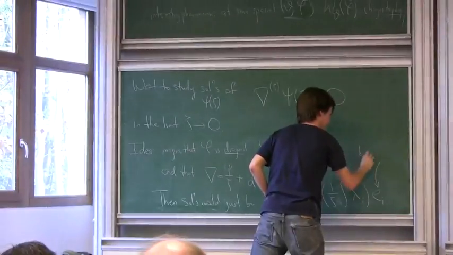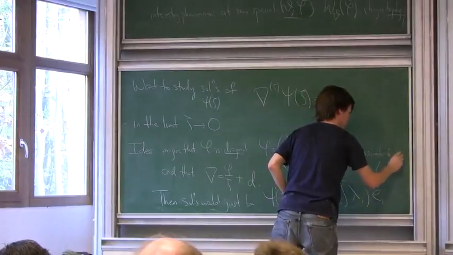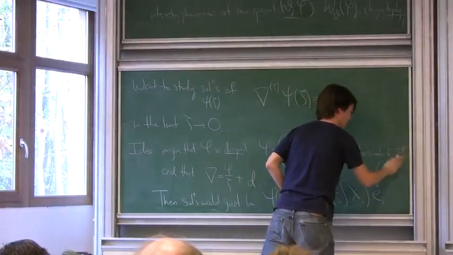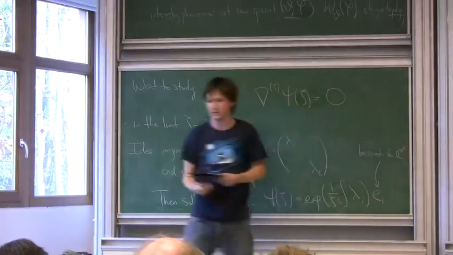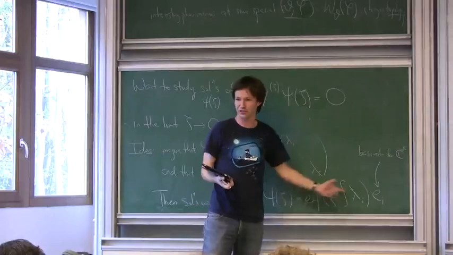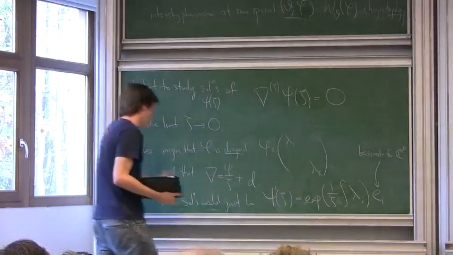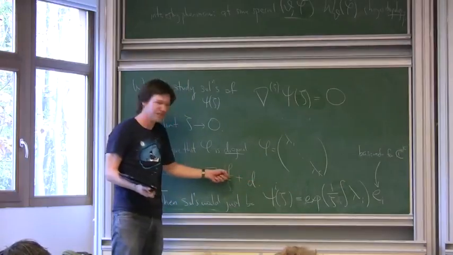So this is just the elementary basis vector for C to the k. So that's the naive form of what the solution could look like as zeta goes to 0. Now, of course, you know that the actual connection is more complicated than that, but you feel like, well, this is the dominant part.